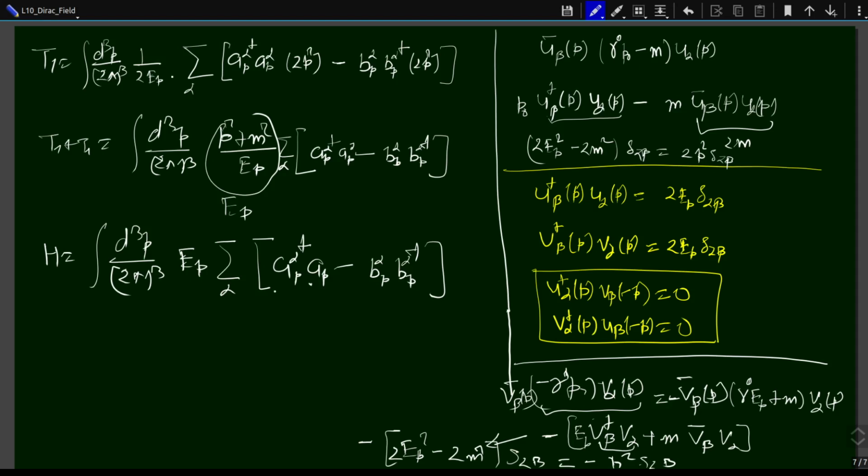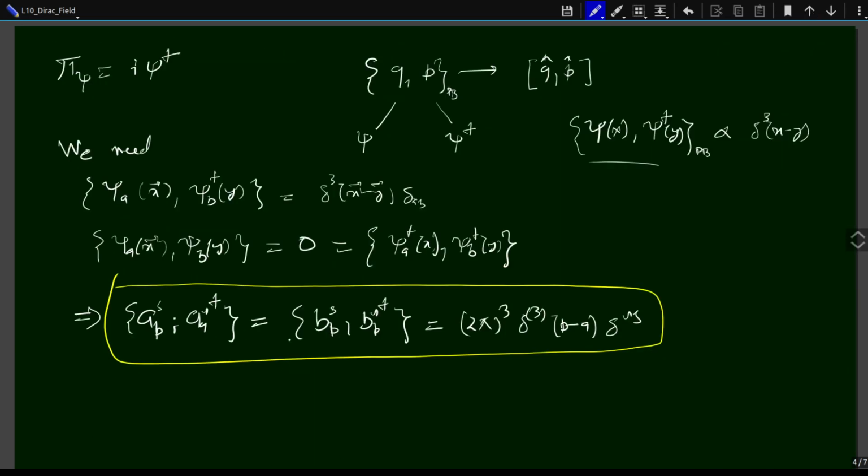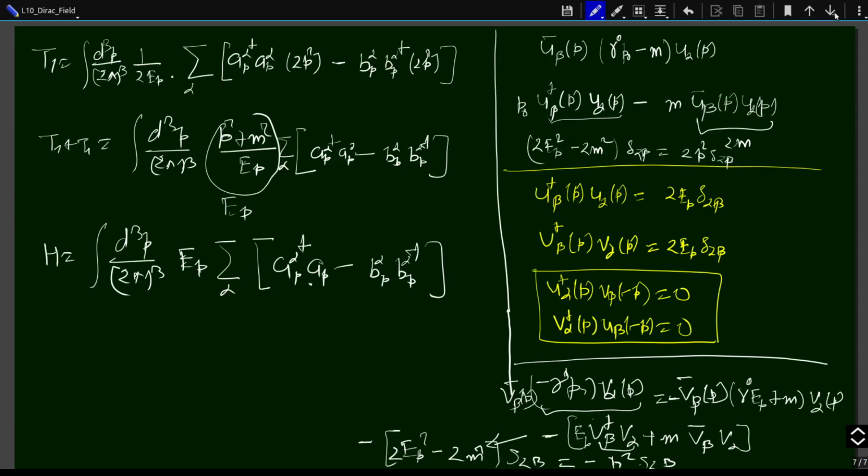The first term just looks like the standard oscillator. The second term doesn't look like the oscillator, but in the previous slide we argued that I want the anticommutator between these two to be something non-zero. If I use that anticommutator and swap these, they have the same momentum and same spin, so a delta function will come up and the sign will change.